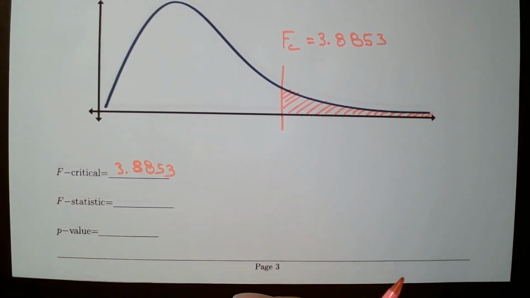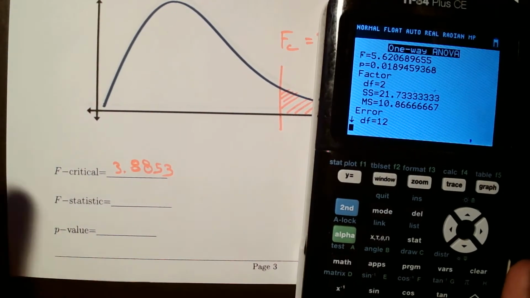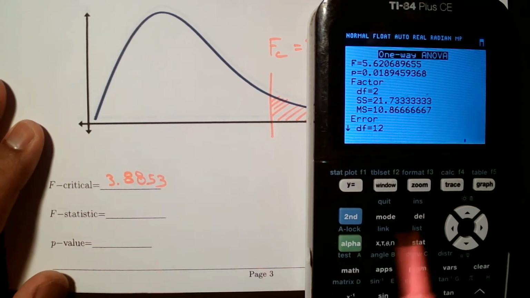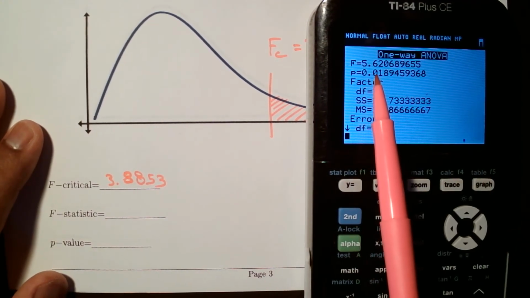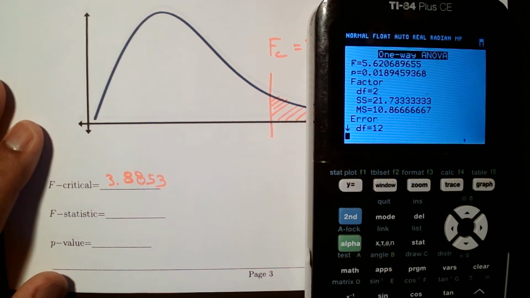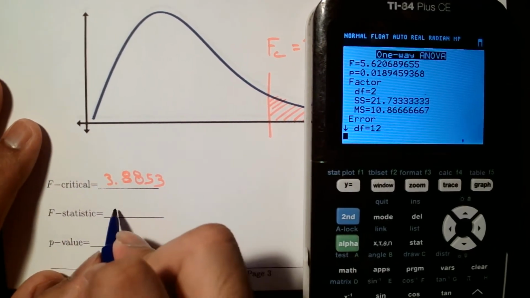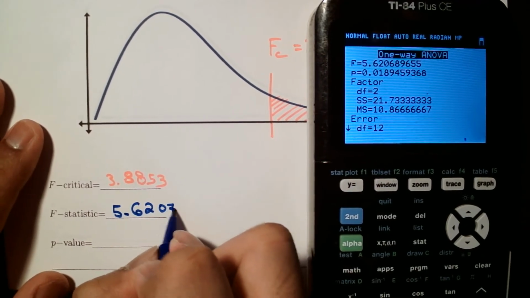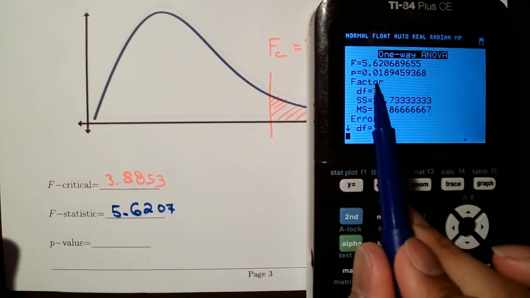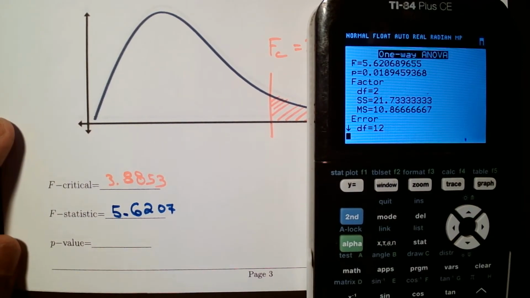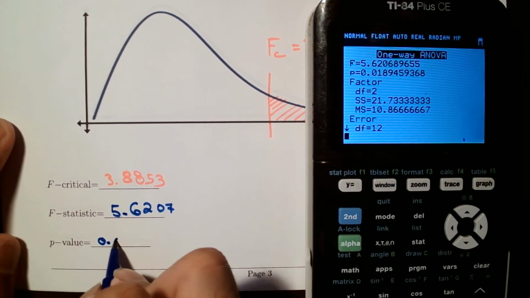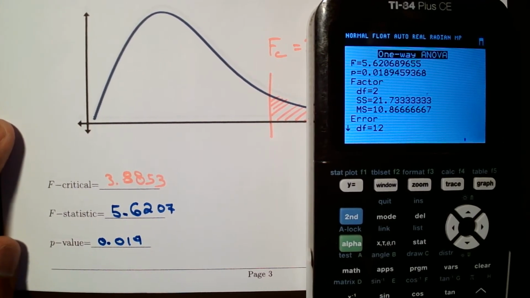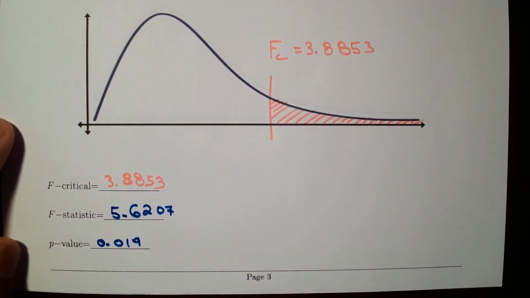And the F statistic comes from the calculator, which in this case, notice we're rounding to 4 decimal places, is 5.6207. And the p-value right here is this number, in this case to 3 decimal places, 0.019. All right, so we're essentially done here.